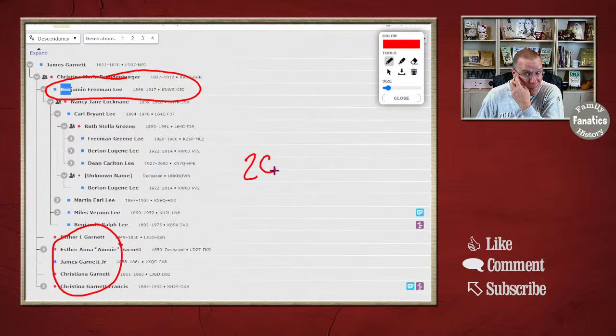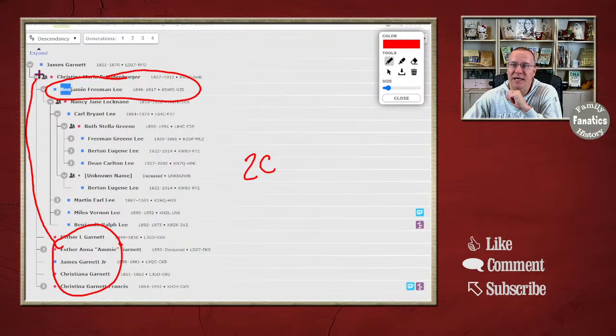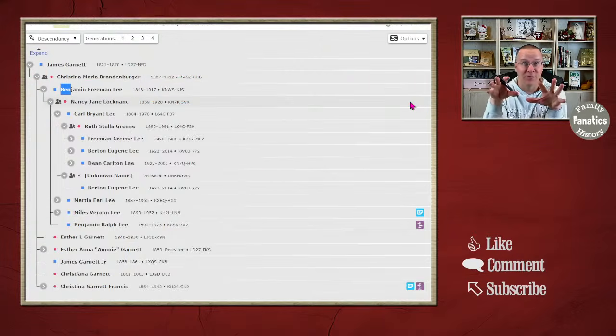There were really only two people in this category, so we were able to narrow it down pretty well. And what helped is that they happened to have a tree that also went back to this James Garnett and Christina Brandenburger.